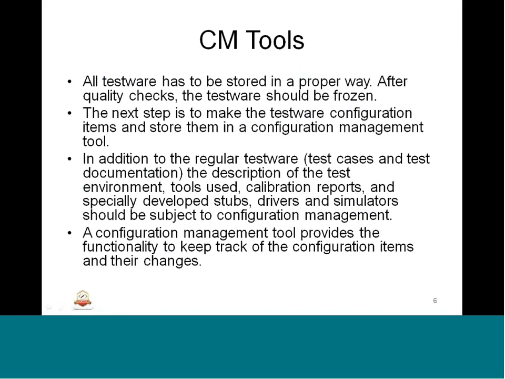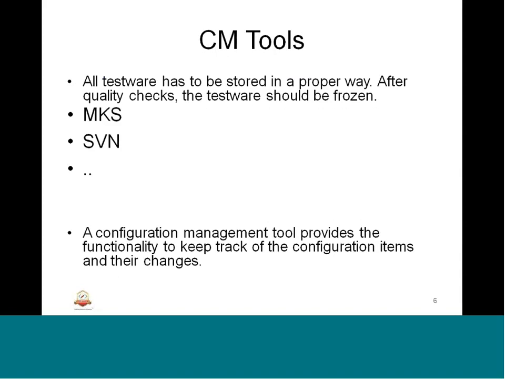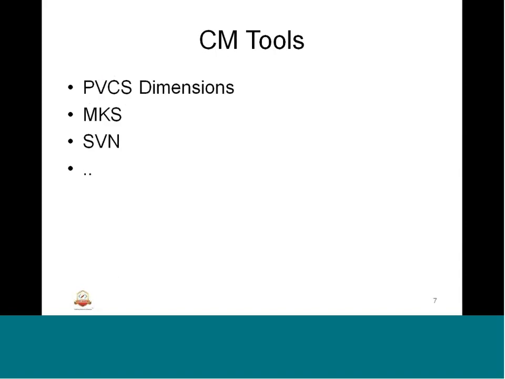To control and manage that, we need a CM or configuration management tool such as MKS, VVCS, Dimensions, SVN, etc. This is basically used for the CI. It could be development, testing, test case design, any document, any Excel sheet, anything that is part of the project. All of this is controlled and managed through the configuration management tool.